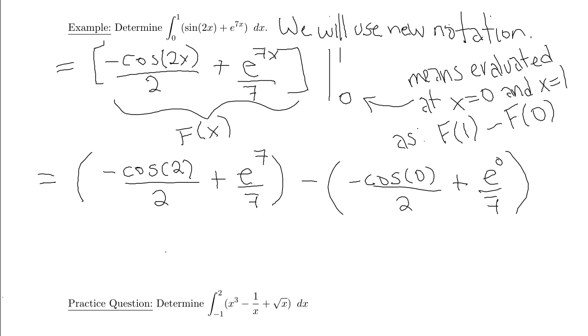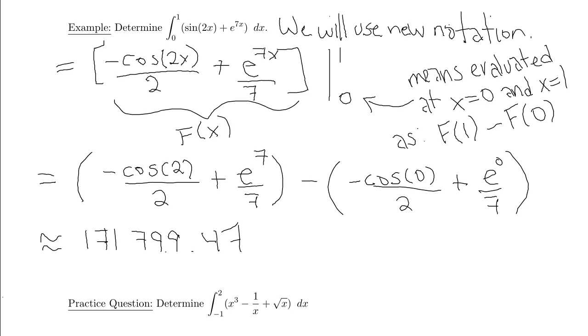So simplifying this, or you can plug it into your calculator if you want to get a decimal answer, that would be 171,799.47 roughly. This is a huge area under this function.